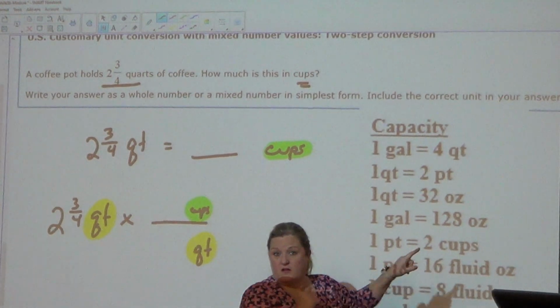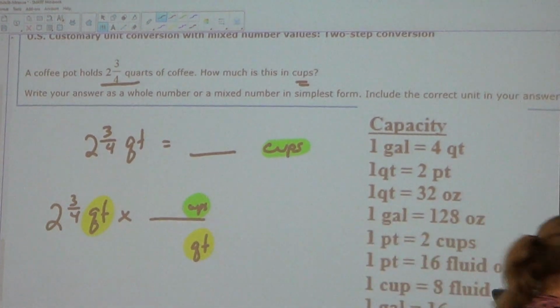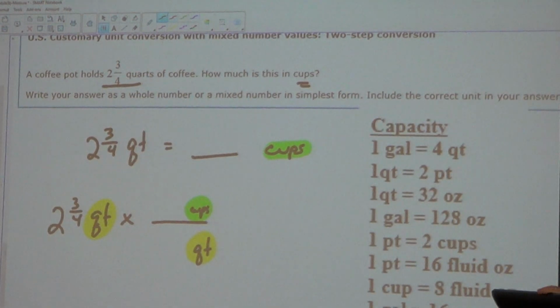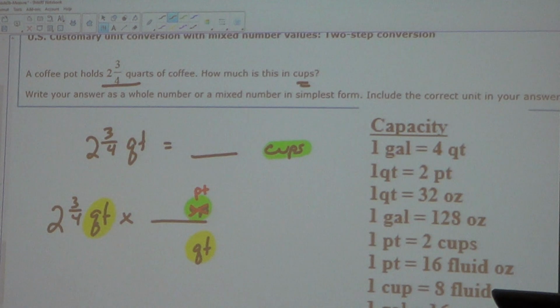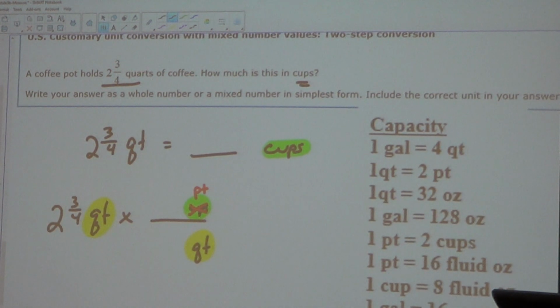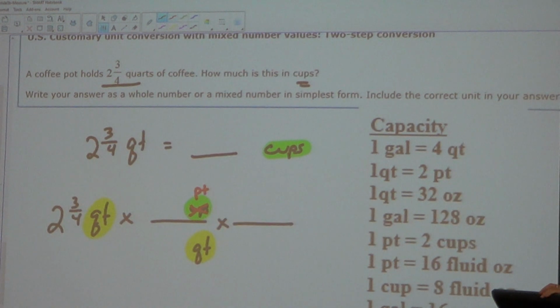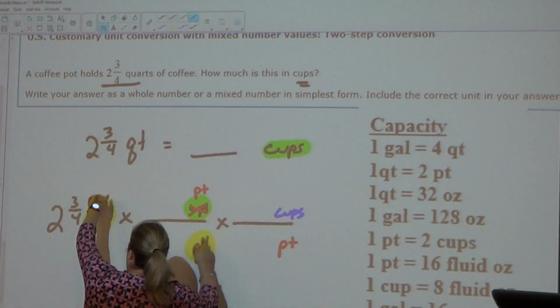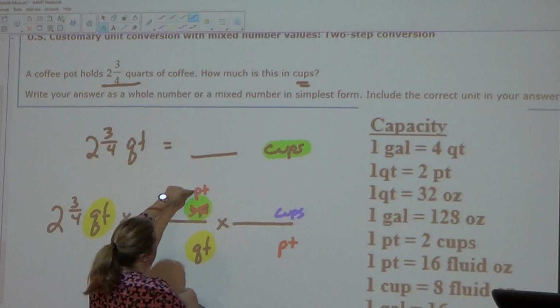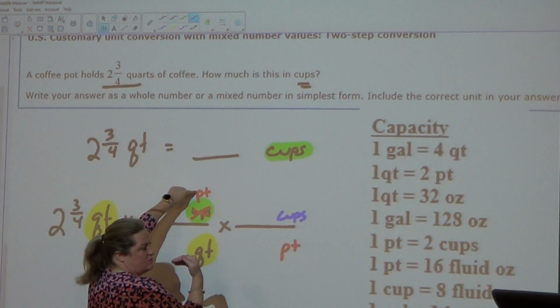So here's what we gotta do. We gotta go through pint, we gotta turn quarts into pints, then we have to turn those pints into cups. So watch what happens. My quarts disappear and turn into pints, which is not what I want.